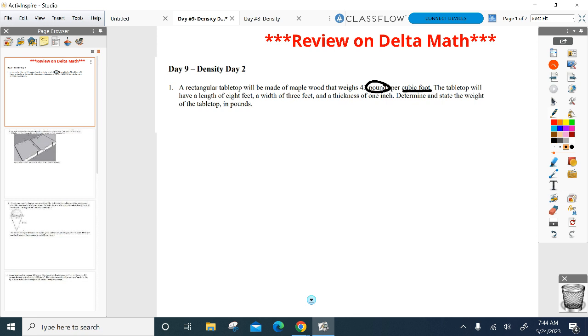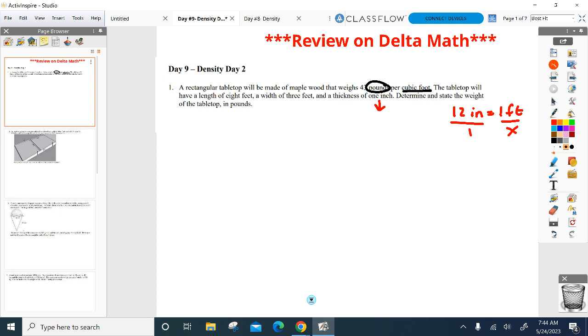So I've got to change 1 inch to feet. All right, how do I do that? I could set up a proportion, right? 12 inches equals 1 foot. I have 1 inch. How many feet is that? Or if you know what to do anyway, you don't need to set up a proportion.